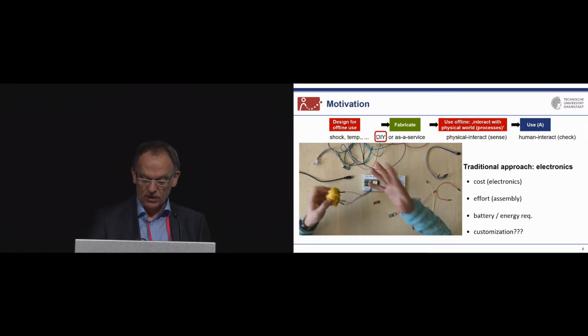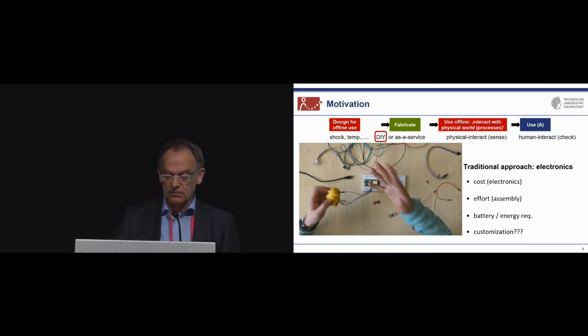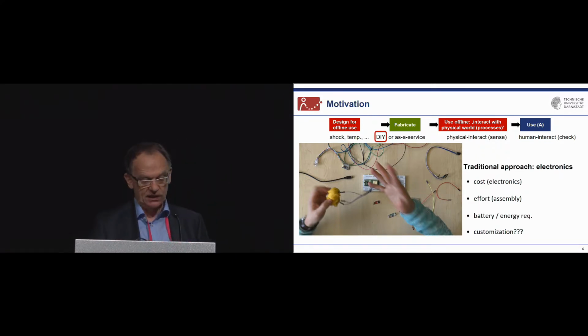To become a little bit more serious, we know that for these processes, we have the cost of the electronics and of the assembly, and in particular, we have the electronics drawing power, so we have to supply some battery or whatever. In total, although those sensors can be made quite cheap, they are not yet at a stage where you would have them used as one-shot sensors, especially also for the recycling of battery and electronics and so on.